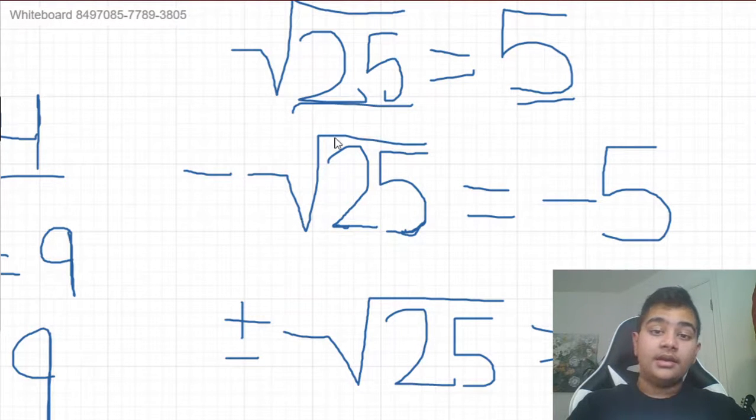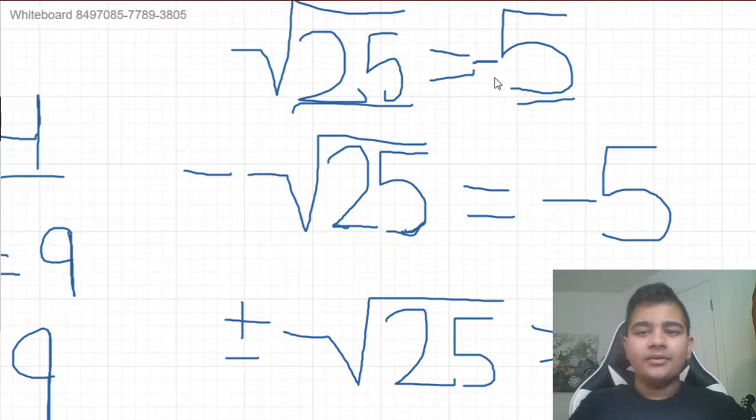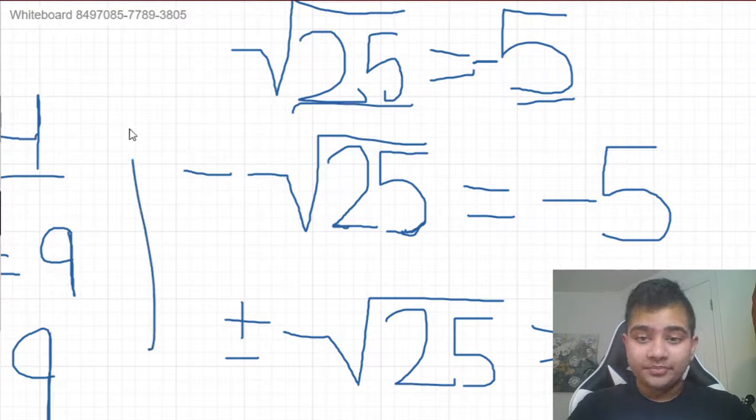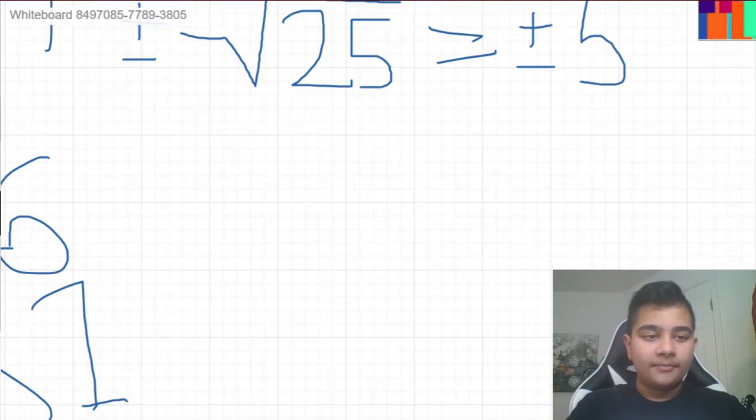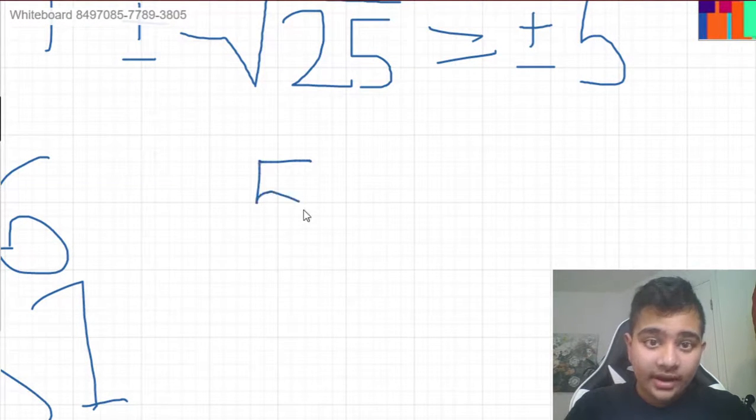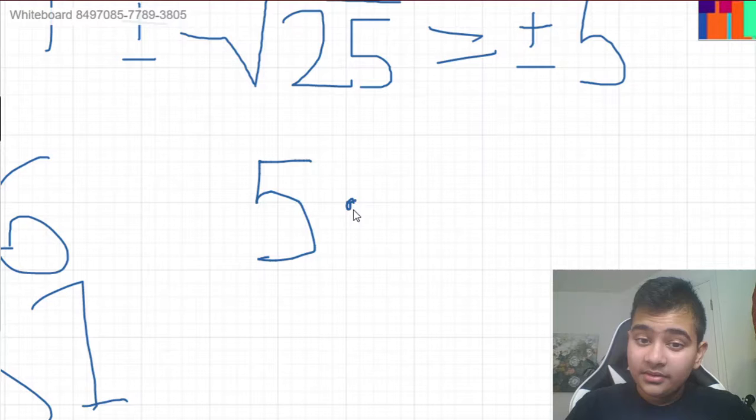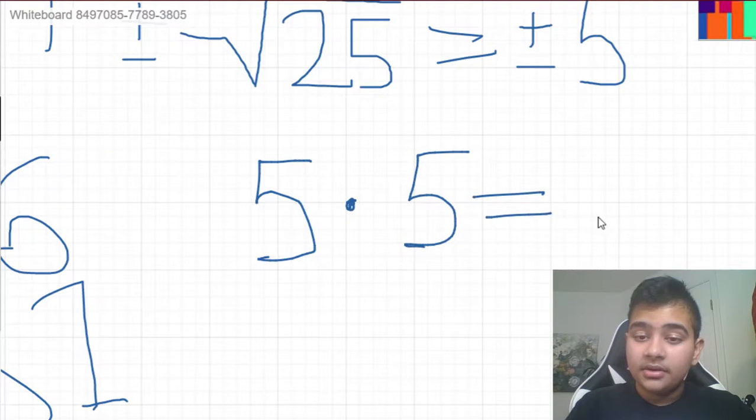But this 25 here, it also equals -5. And you're like, how? Those are two completely different numbers. But let's see how this works. Okay, so we have 5 times 5 equals 25.